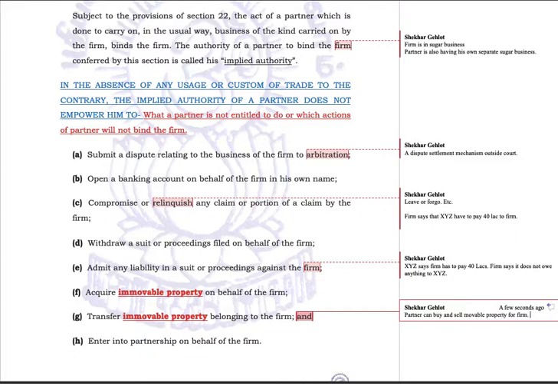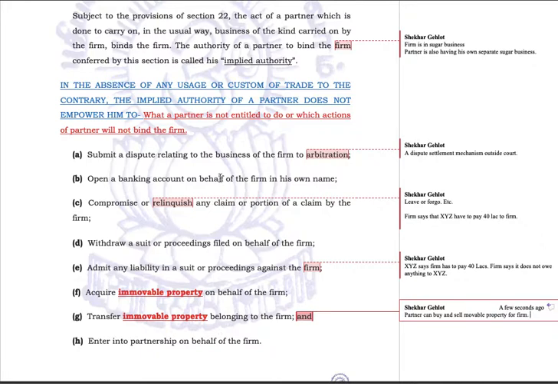So a partner can definitely validly sell or purchase goods or movable property for the firm. Like an aeroplane also he can do so, a ship also, but he cannot sell or purchase even an inch of land for the firm because immovable property cannot be dealt with by him.